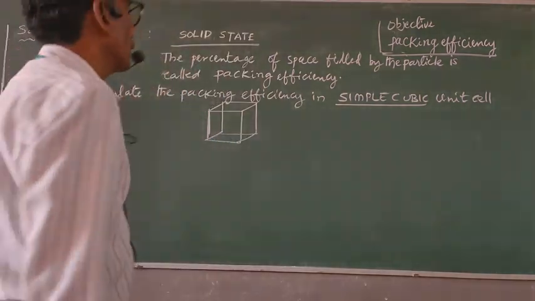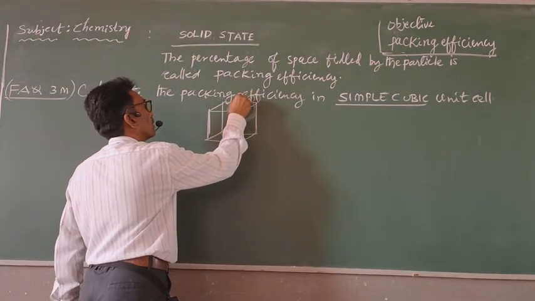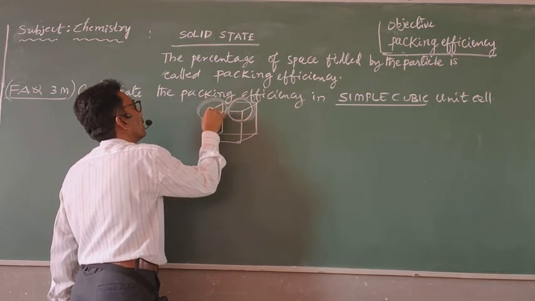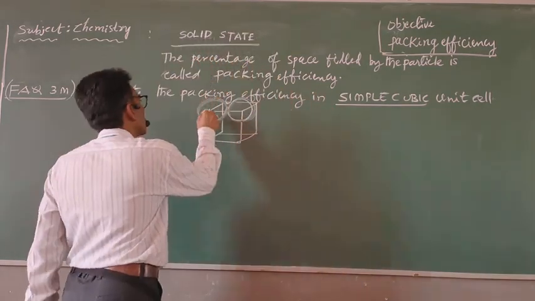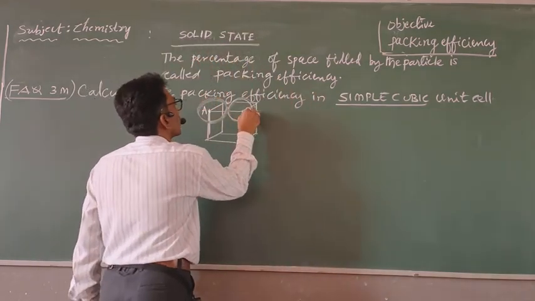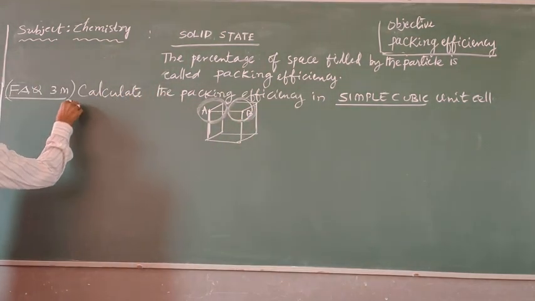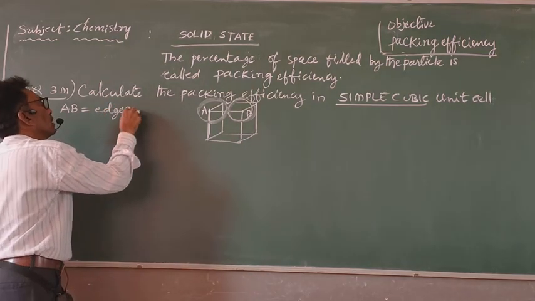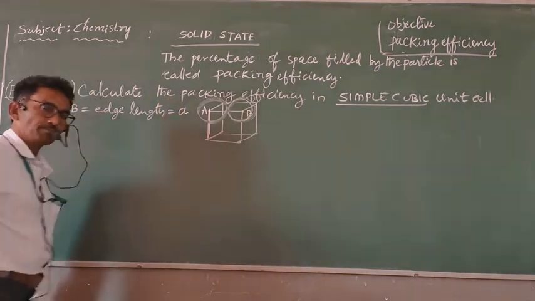Both are in contact, so it is better to draw like this. And here also the same. They are in contact, and this is corner A and this is corner B. AB is equal to the edge length of the cube, that is denoted by letter a.